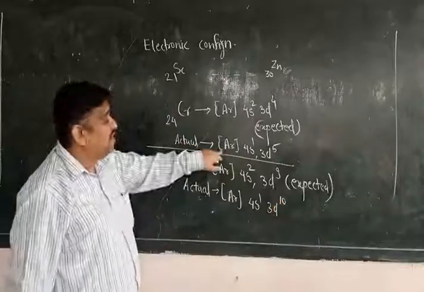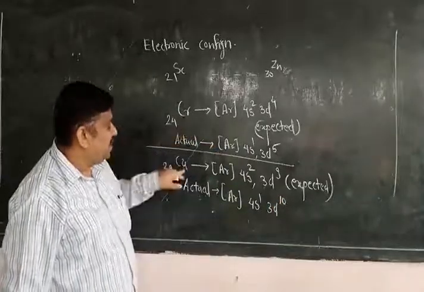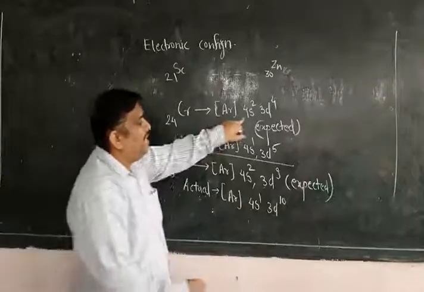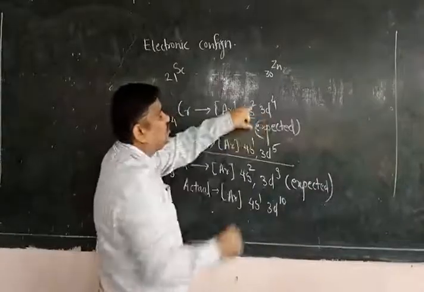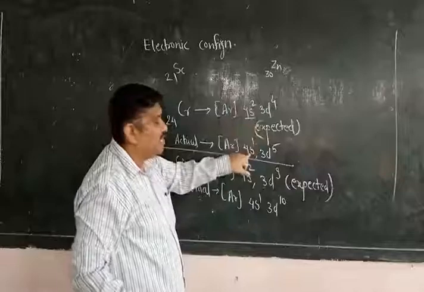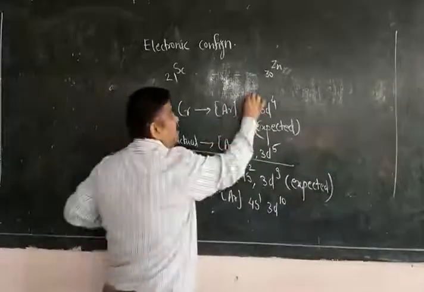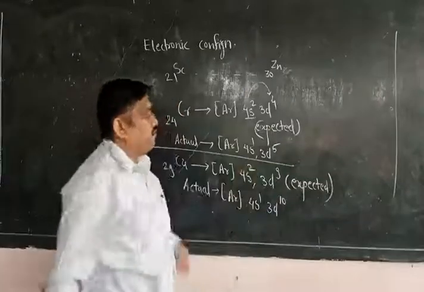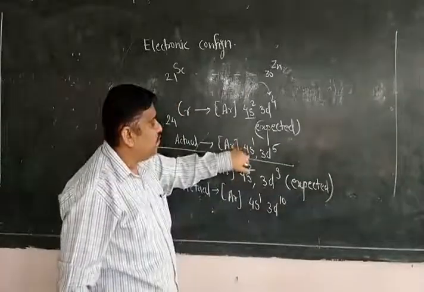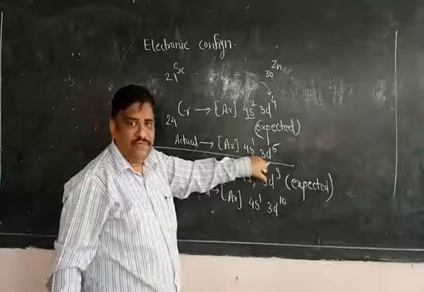So you can see here, in case of chromium, one electron from 4s2 is shifted to 3d, so it becomes 4s1 3d5.